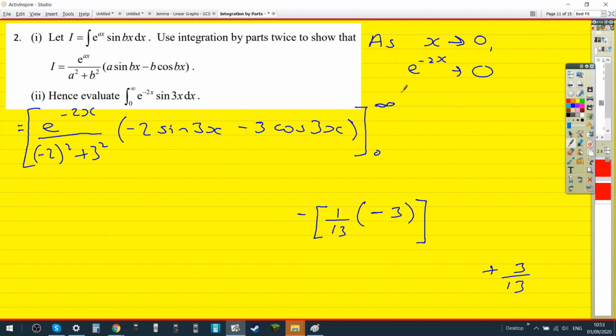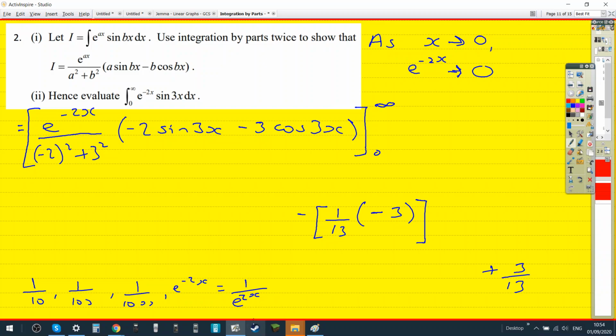It doesn't get closer to 1, it gets closer to 0. But why? Because if you have 1 over 10, 1 over 100. I get that part, but e to the minus 2x is the same as 1 over e to the 2x.